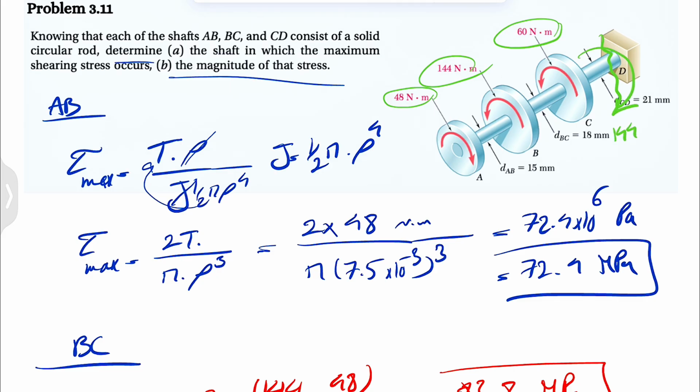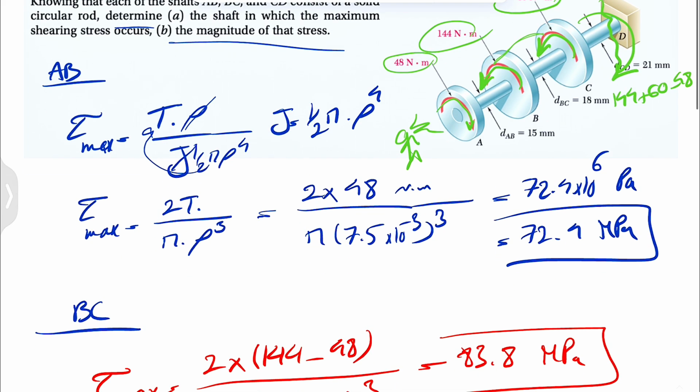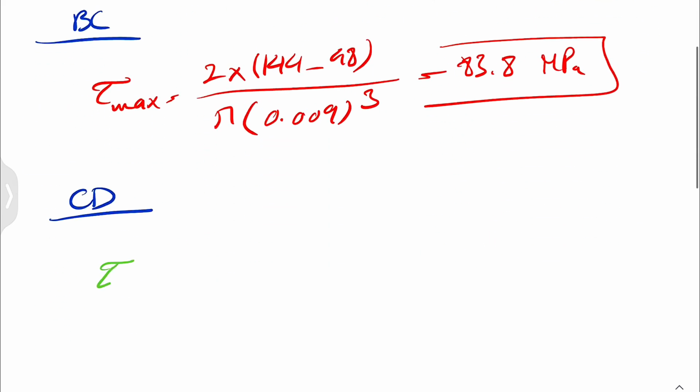So 144 plus 60. We have to consider the direction. These two are in the same direction, and we have one clockwise if we look at it from this side. One clockwise, so negative 48. Very similar, we just have a different torque in here.